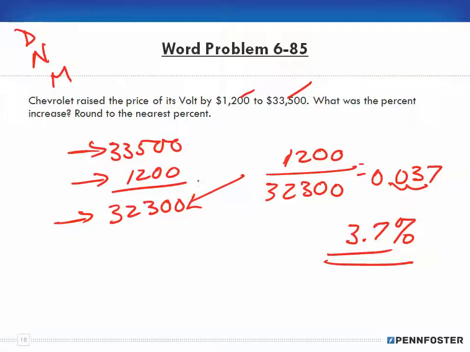Well, that's what I mean by manipulated. We have to consider these in order to arrive at something else in order to be able to solve our problem. So yeah, the 1,200 is a direct number, but we had to use a manipulation of the numbers in order to arrive at a piece that we can use to solve the problem. So 1,200 divided by the 32,300 gives us 0.037, or 3.7%.